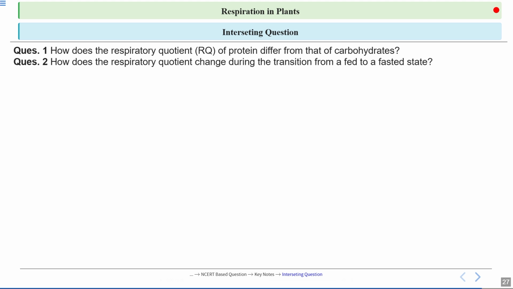The second question is, how does the respiratory quotient change during the transition from a fed to a fasted state? That is, in a scenario where a person has eaten and another scenario where there is fasting, that is no food intake. So you have to compare the respiratory quotient change for both scenarios.